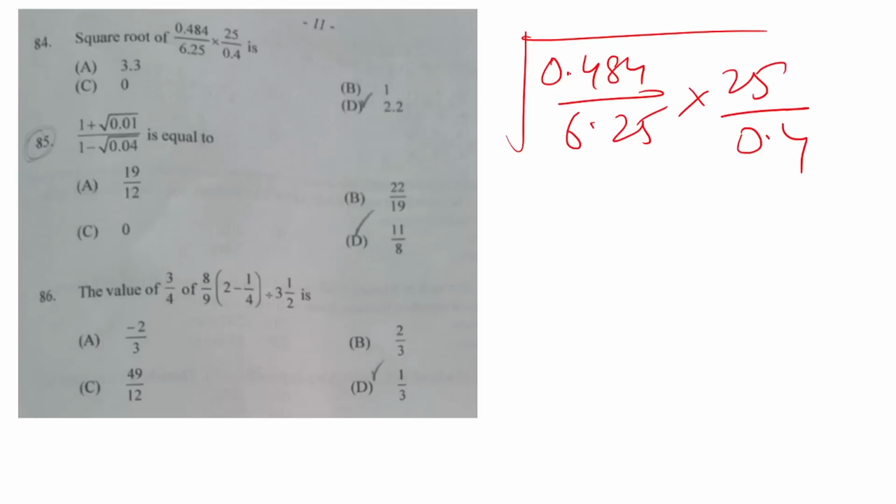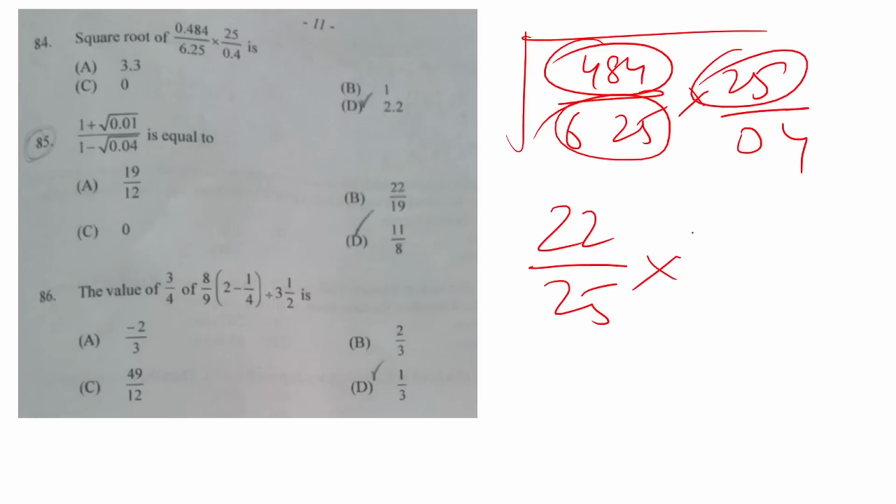Counting the decimal digits: three digits after the decimal point, so we remove the decimal. The square root of 484 is 22, the square root of 625 is 25, the square root of 25 is 5, the square root of 4 is 2.